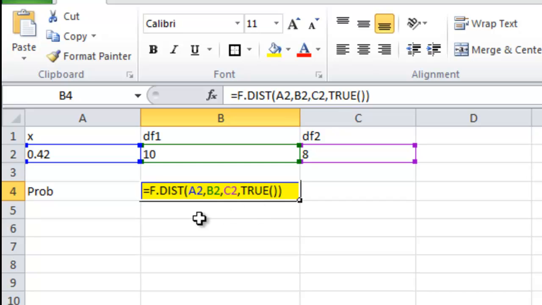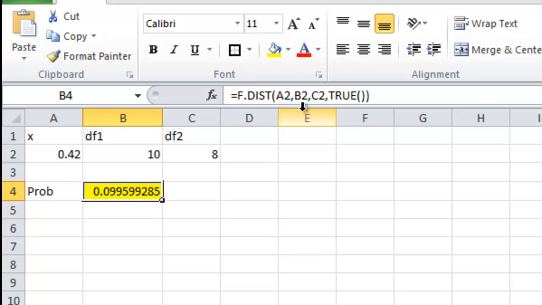If you get the other one, you're going to have to do a right tail because it asks for greater than or equal to. But this one asked for less than or equal to, that's why I used the true. If you get the other one, you can do the right tail, the F.DIST.RT, and get the correct one as well. So those are the two questions that hopefully will help you with the quiz from Chapter 11.